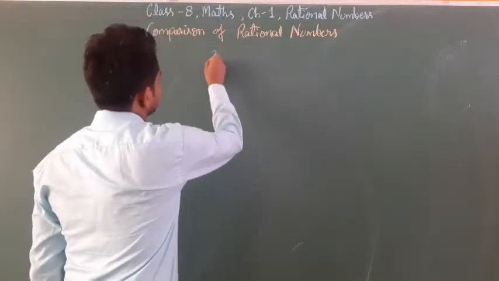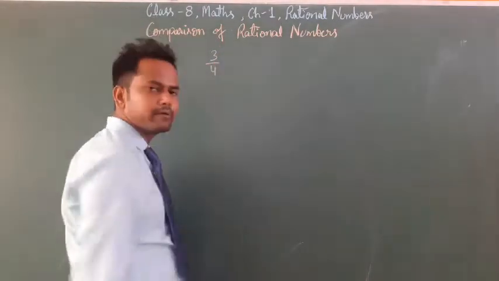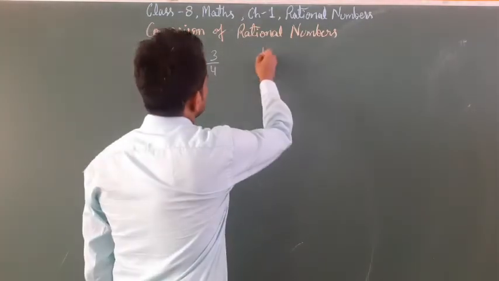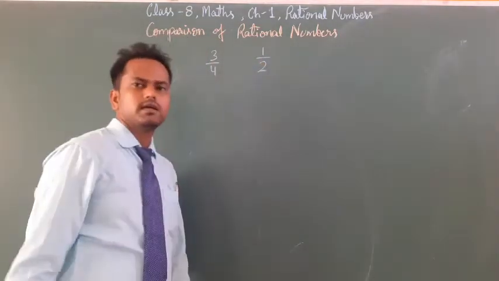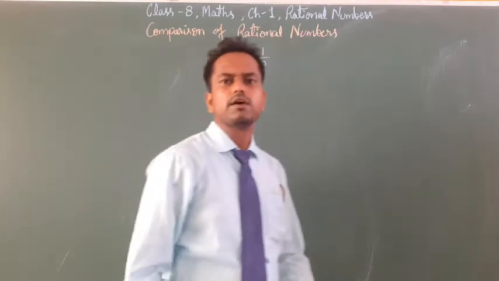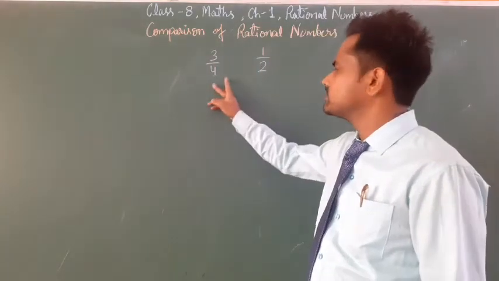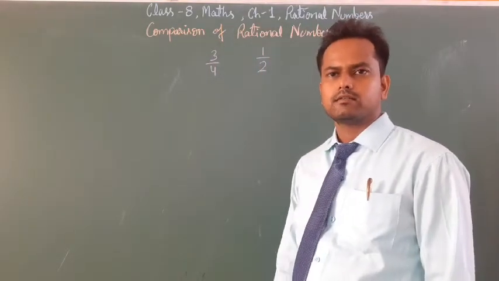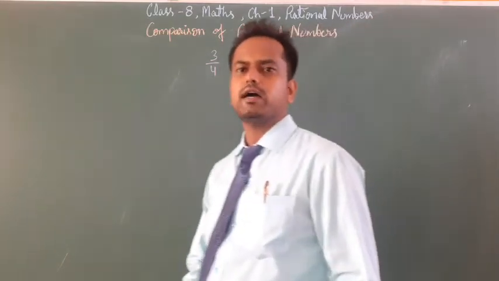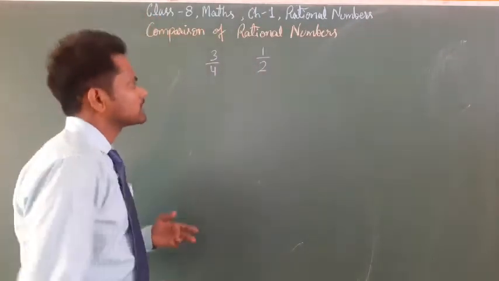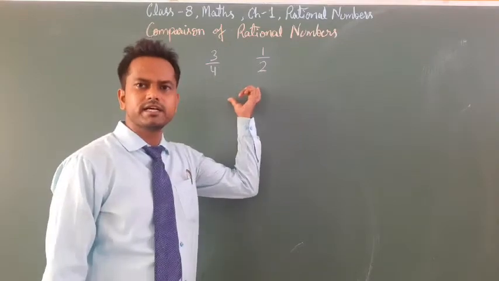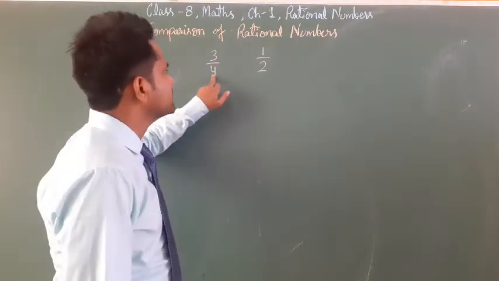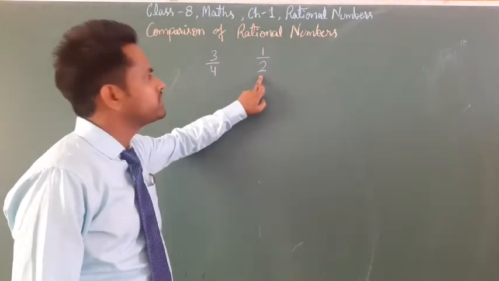Suppose we have positive rational numbers 3 by 4 and 1 by 2, and we have to find out which rational number is larger. Got it? So first you have to compare the denominators. Here the denominator is 4 and in this fraction the denominator is 2.